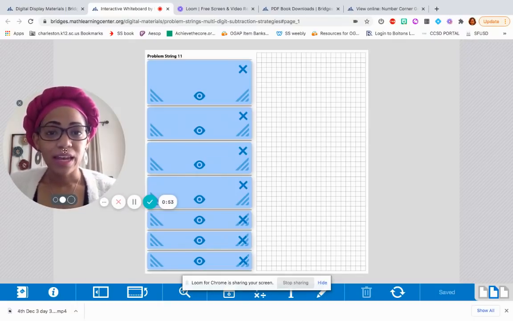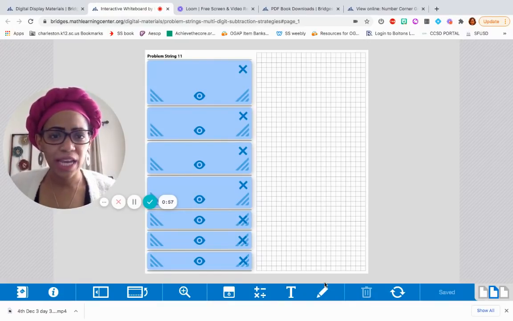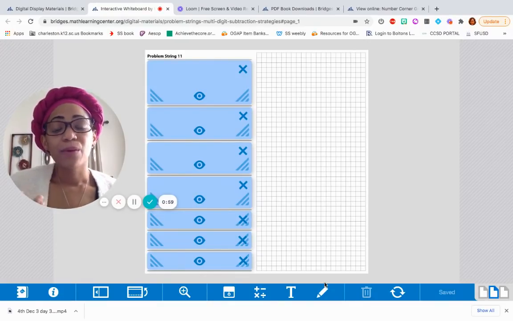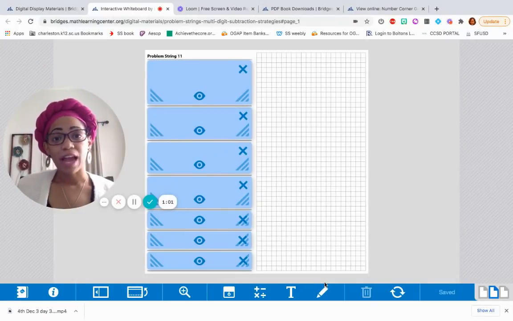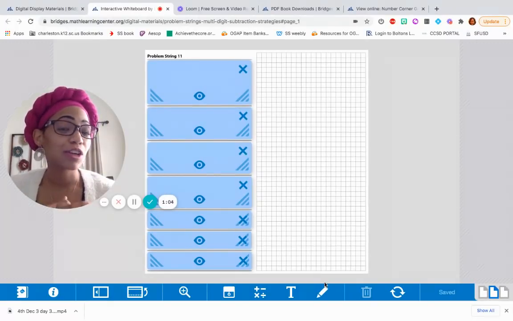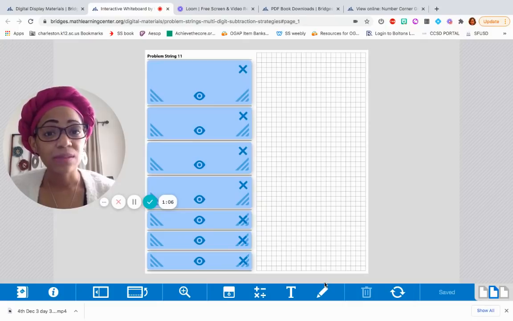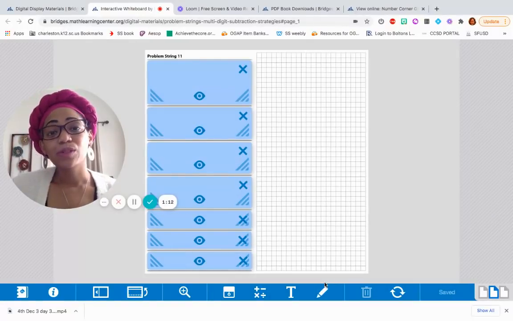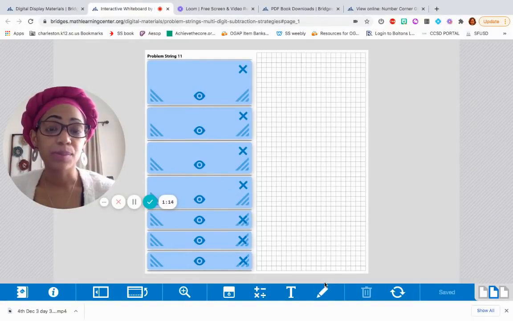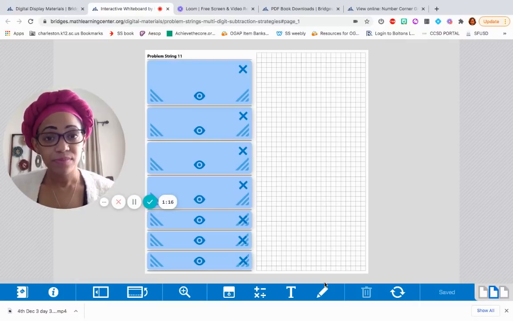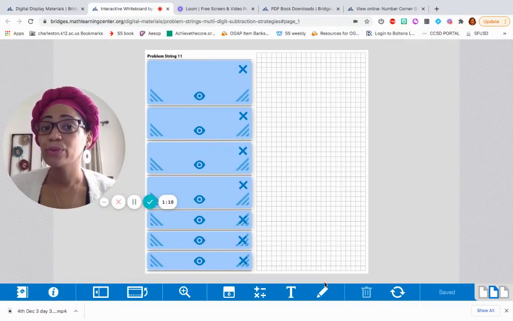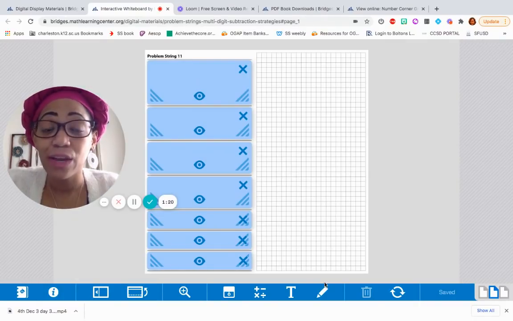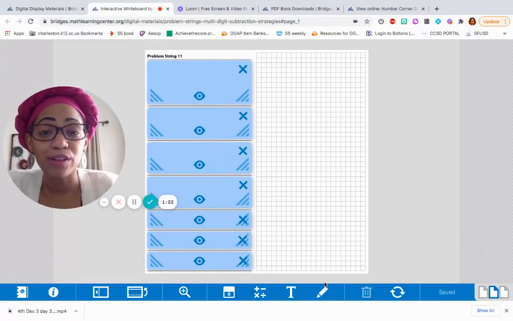While you're doing that, I do want to remind you, when we did our problem string just the other day, earlier this week, we focused on addition and subtraction, and you guys were able to determine when it was more efficient to take away for subtraction versus when it was more efficient to find the difference between the two numbers. And if you don't remember, I will remind you, it was more efficient to take away when you were taking away a smaller number.